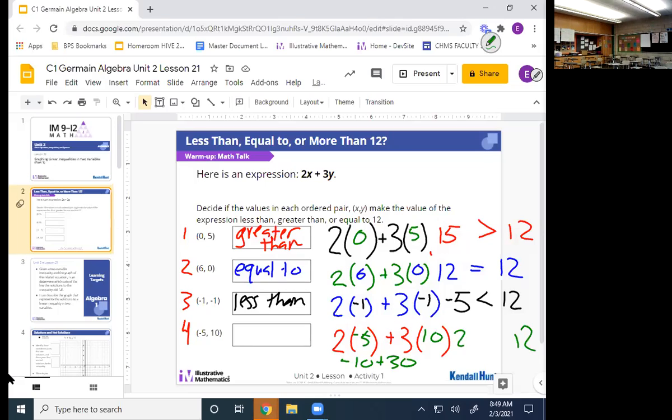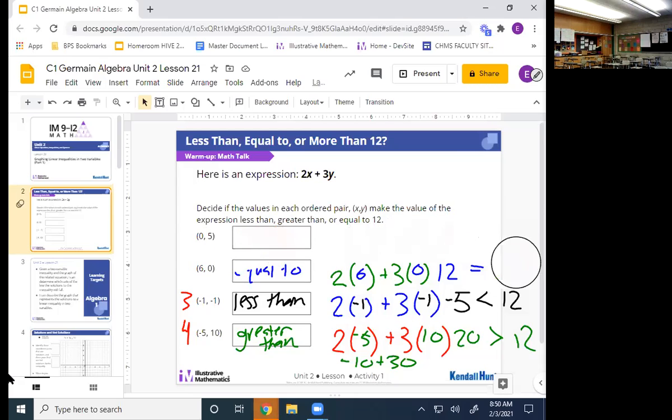And then when we compare those two numbers, 20 is going to be greater than. Very good. So when you're given an expression and you're being asked to compare it to a number, you're going to have to plug those ordered pairs in and test greater than, less than, or equal to. Nice job on that one, guys.